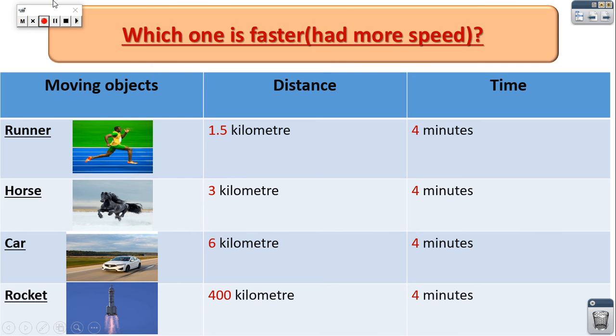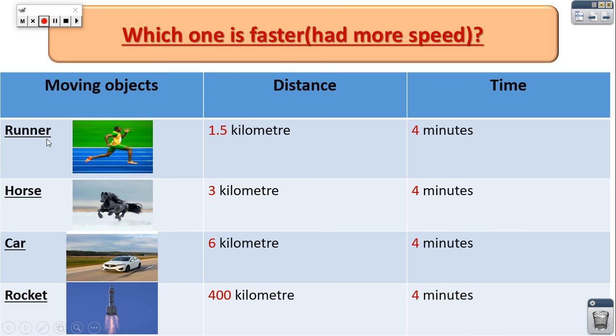Let's go to another point and let's know which one is faster or has more speed. Do you remember? The one that is faster or has more speed is the one that finished the distance in the smallest time. And we know that to calculate the speed, we must know what? Distance and time.